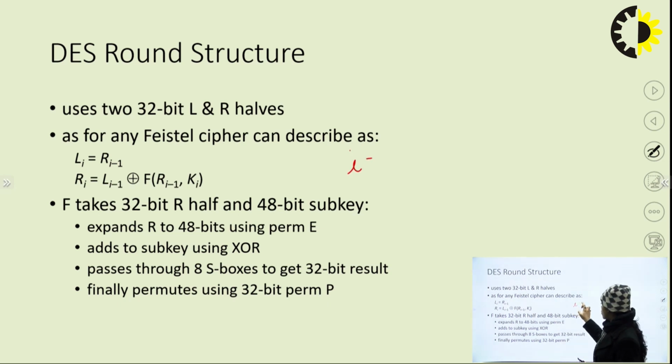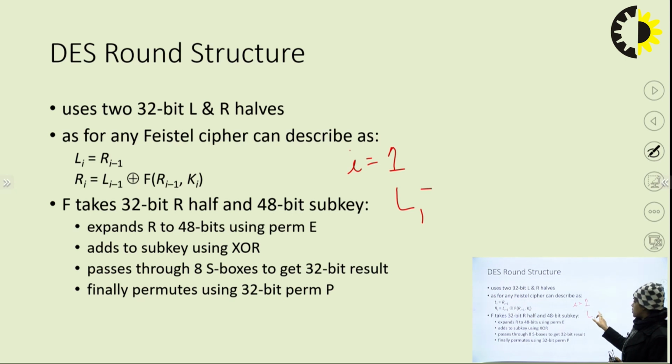Taking the value of I as 1, this is round 1. L1 is equivalent to R0. Yes, because we are swapping the values of left and right. So whatever is the output from the previous round will act as the input to the next one.